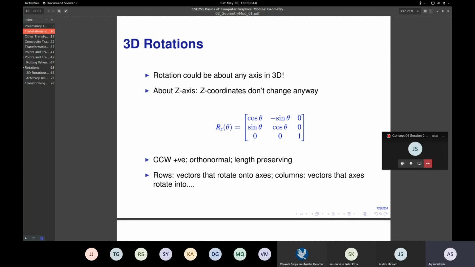comes out to be cos 90, minus sin 90, 0, sin 90, cos 90, 0, 0, 0, 1. So the matrix is 0, minus 1, 0, 1, 0, 0, 0, 0, 1.